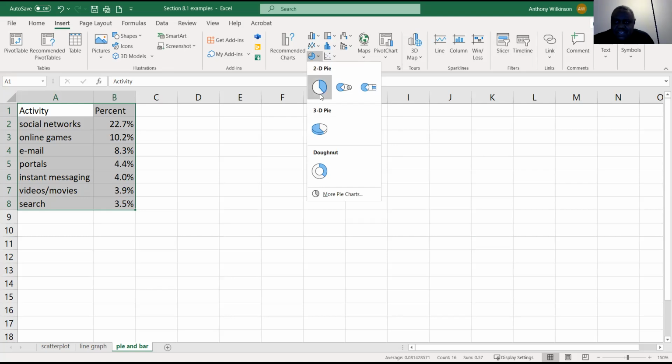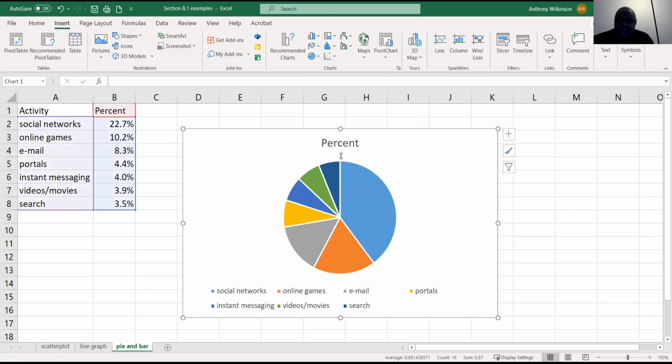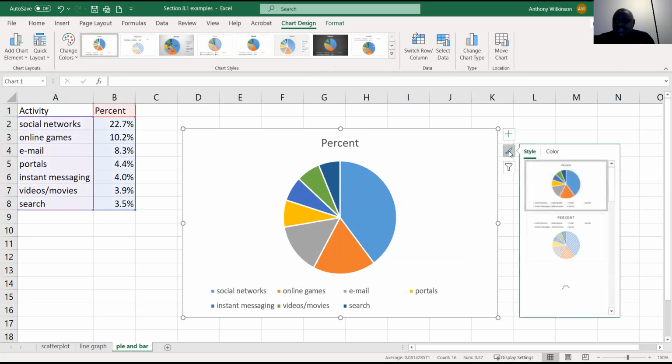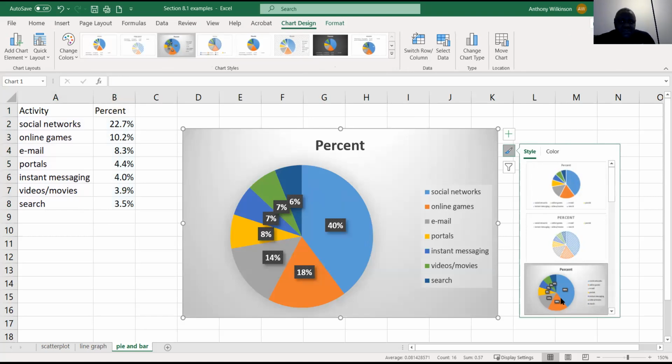And if I want to do a two-dimensional pie chart like this, click on that. Here it already does the pie chart for you. And you can enhance this to include percent for each one of these, or do a chart style. Things like that. You can use that to try to create a pie chart, make it look good. But here, I won't go into much detail about that because pretty much it can be done on Excel.